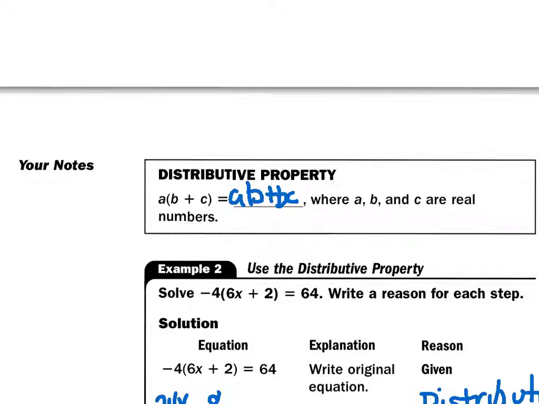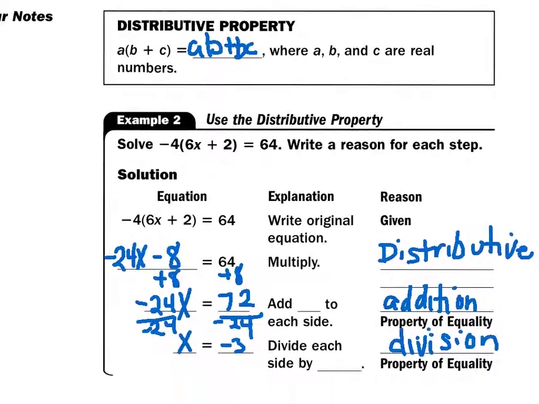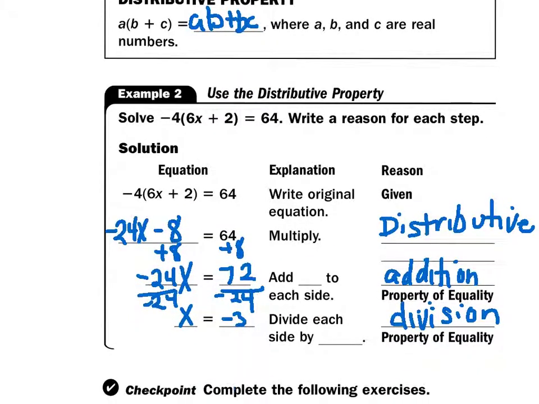Okay, the distributive property. A times the quantity B plus C equals AB plus AC. Example 2. Well, we can use the distributive property to multiply the negative 4 out to get negative 24x minus 8 equals 64.